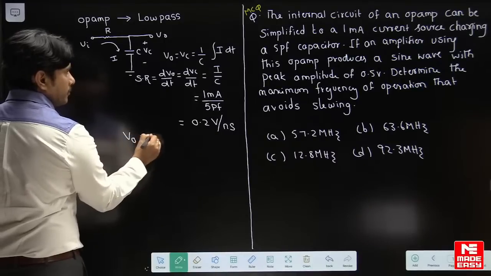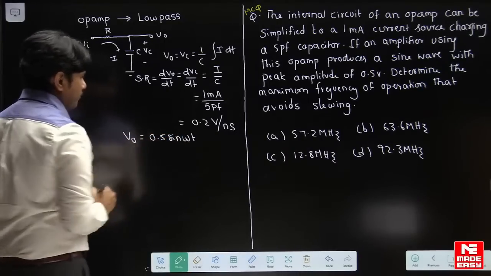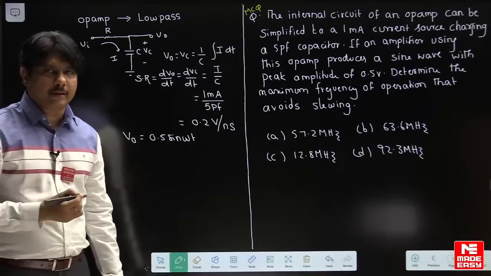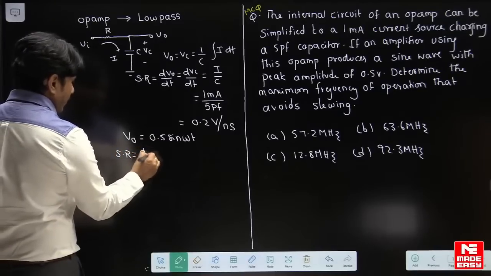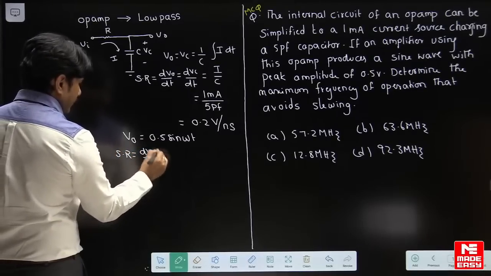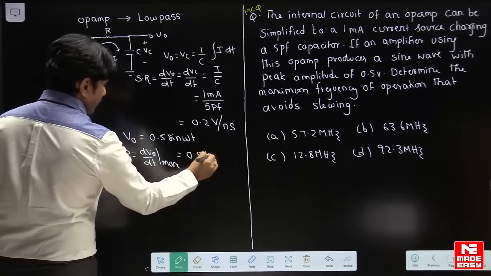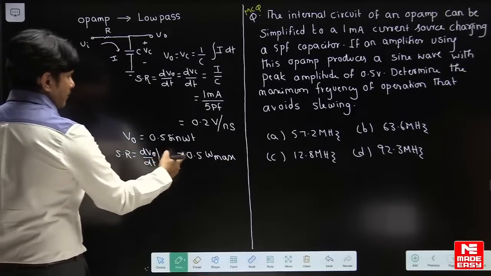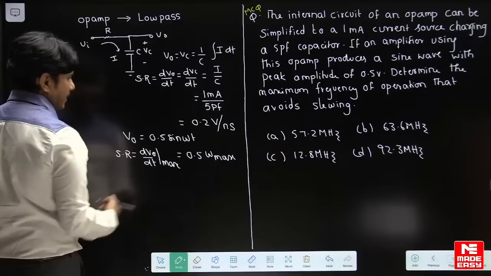Output is equal to 0.5 sin omega t, he has given. Your output response for an op-amp amplifier is 0.5 sin omega t. If I write slew rate again, dV0 divided by dt for maximum value, which is equal to 0.5 omega max. So 0.5 omega max, cos omega t will become 1 there. So this will be the maximum value.